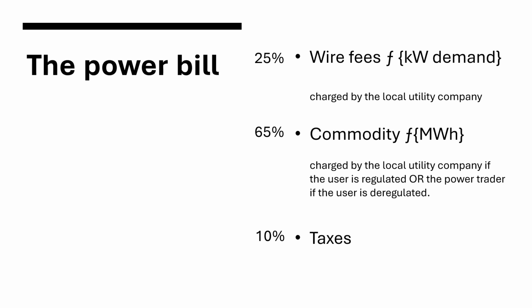About 65% is associated with megawatt hour energy, which is charged by the local utility company if the energy user is a regulated one, or the power trader if the user is a deregulated one. And also the taxes, which is roughly speaking 10%.